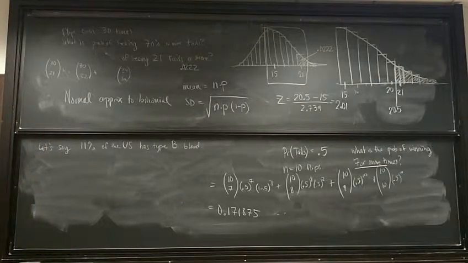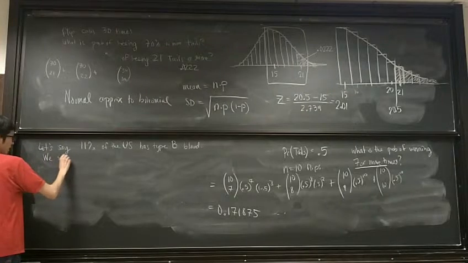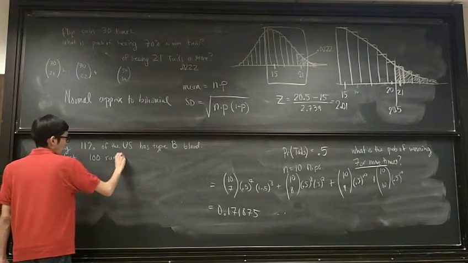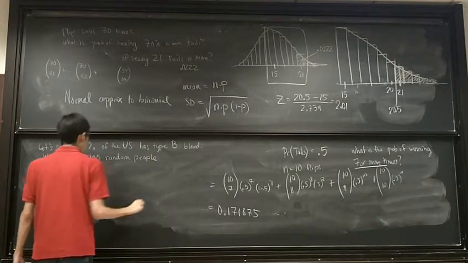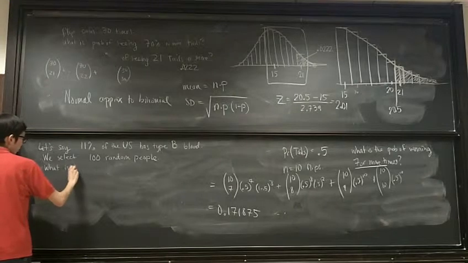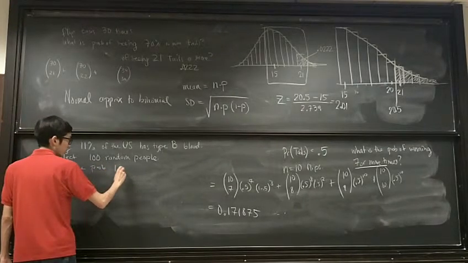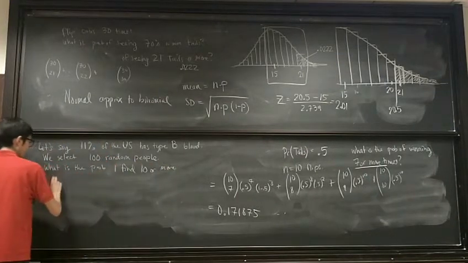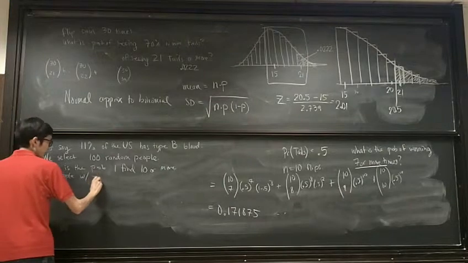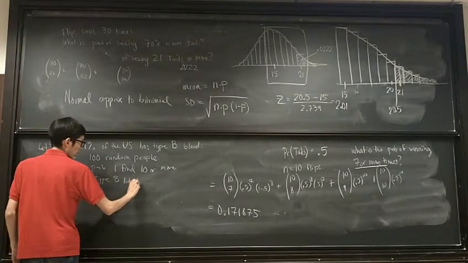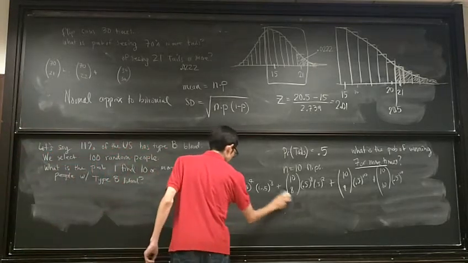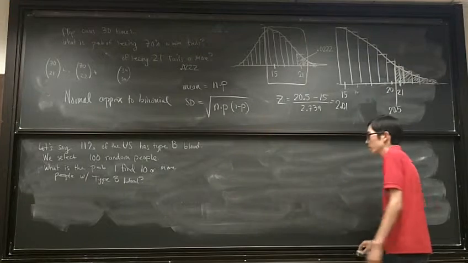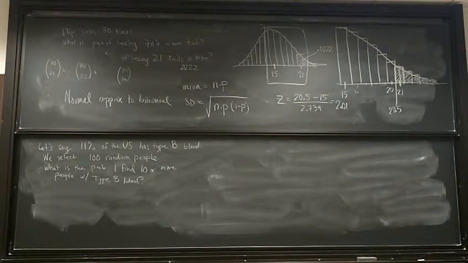We select 100 random people, and I ask, what is the probability I find 10 or more people with type B blood? Okay, so you guys go ahead and try that out.